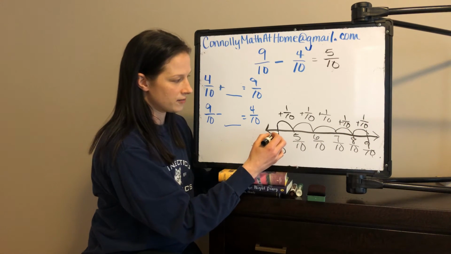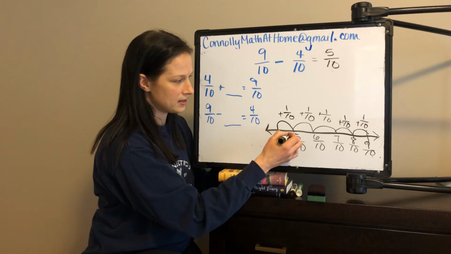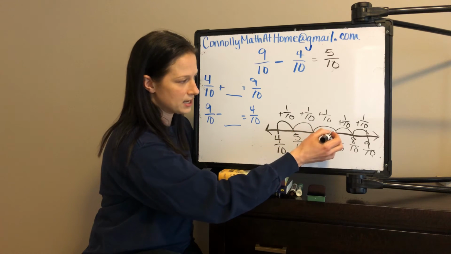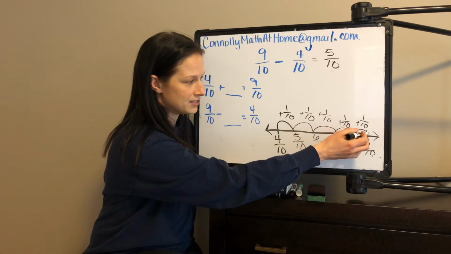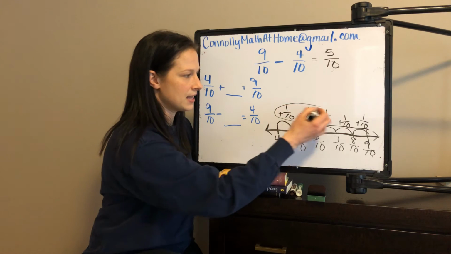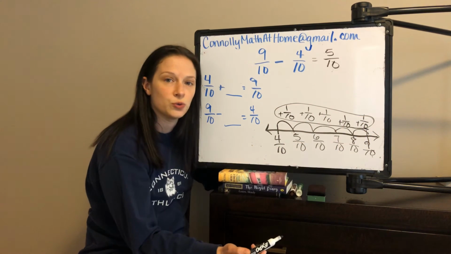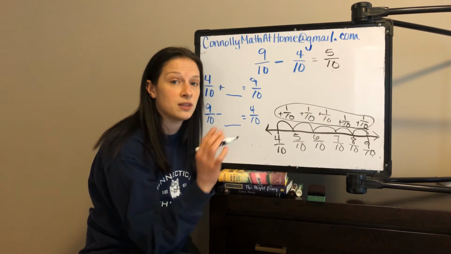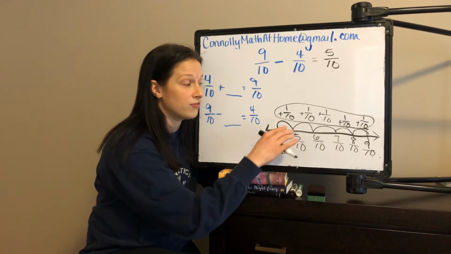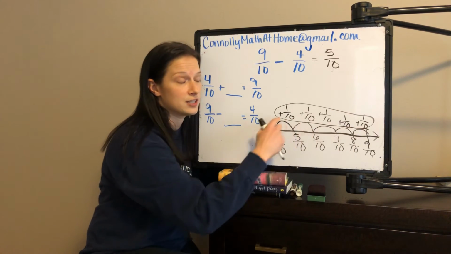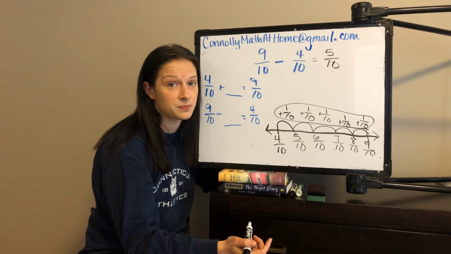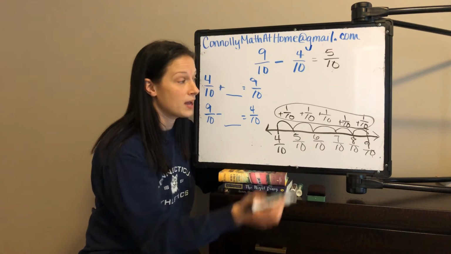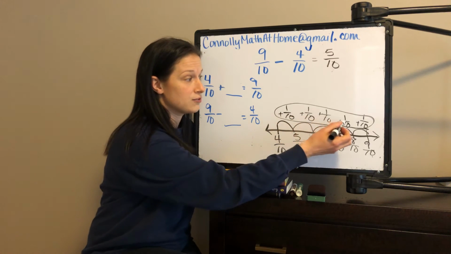So I started at 4/10 and I added 1/10, 2/10, 3/10, 4/10, 5/10 to get to 9/10. So in this strategy, we find our answer where the difference is between the two numbers. Okay? So up here I have 1/10, 2/10, 3/10, 4/10, 5/10.